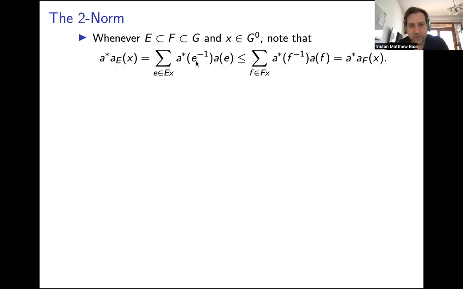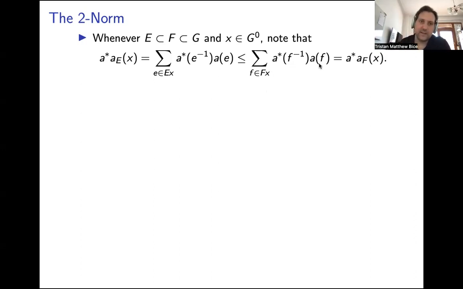And you'll notice that each of these is going to be a positive element of the fiber at X. So you're taking a sum of positive elements. If E is contained in F, then this sum will contain more positive elements, and therefore the sum over E has to be below the sum over F within the fiber, again the usual ordering in a C-star algebra at that fiber.